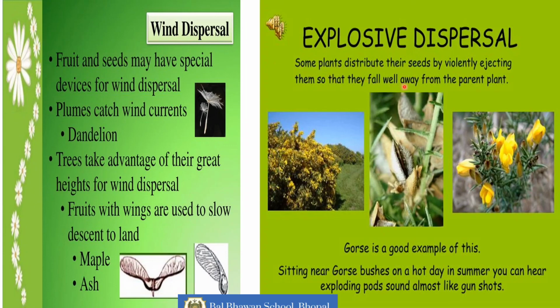Then there is another method by which seed is dispersed, that is by explosion. Sometimes the seeds come out of the fruit by an explosion. We have beans as an example for this.